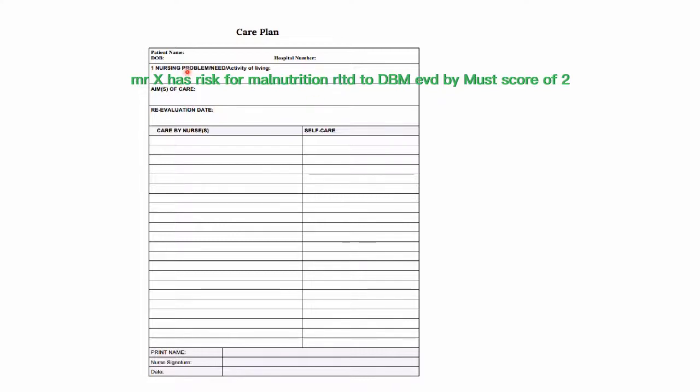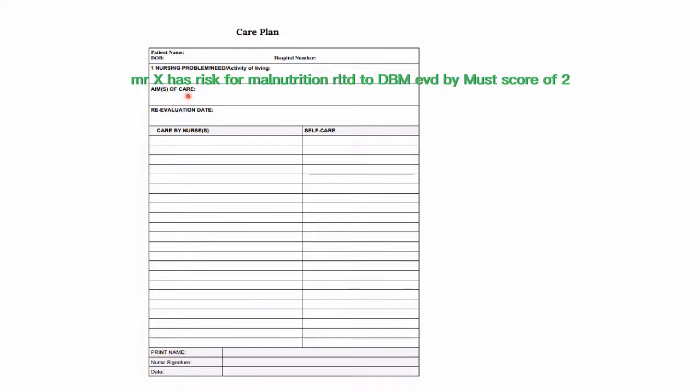Or, Mr. X has inadequate knowledge on diabetes management, evidenced by his or her verbal account. Or, Mr. X is at risk for complication related to diabetes.